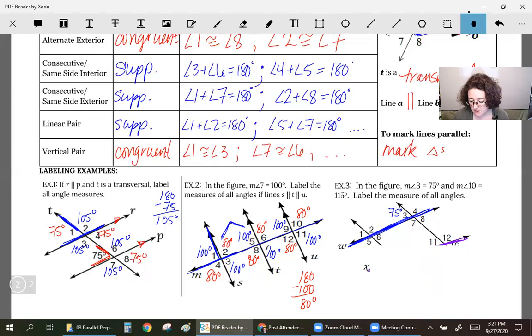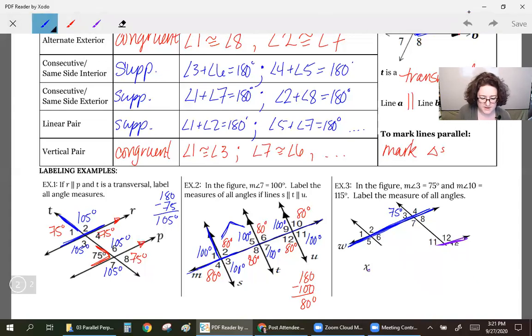And so our 75 degrees is going to be the same as the measure of angle 8, the measure of angle 1 and the measure of angle 6.